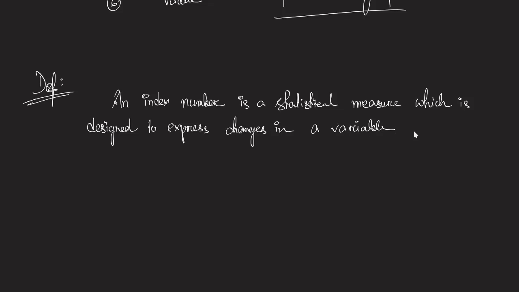So variable means your price could be a variable, quantity could be a variable, or a group of variables, under two different situations.